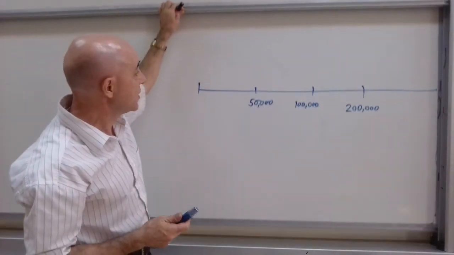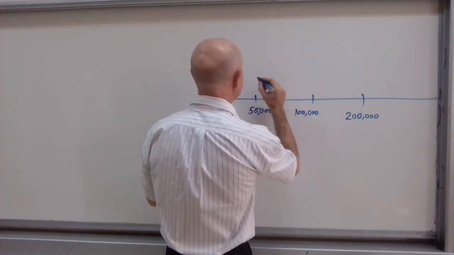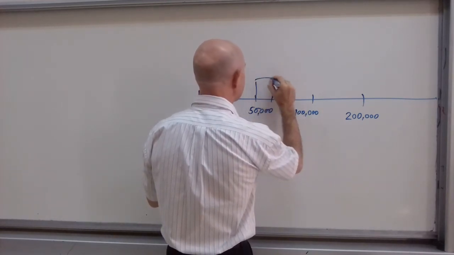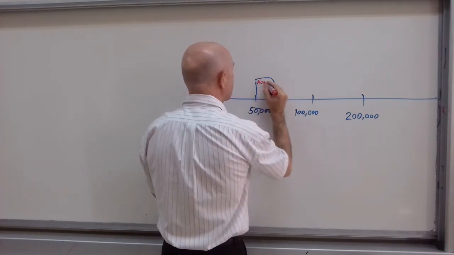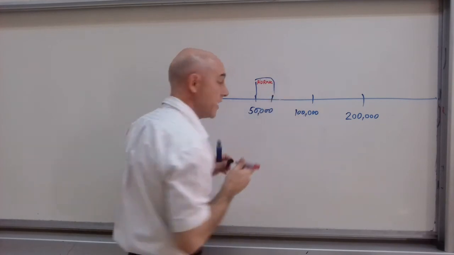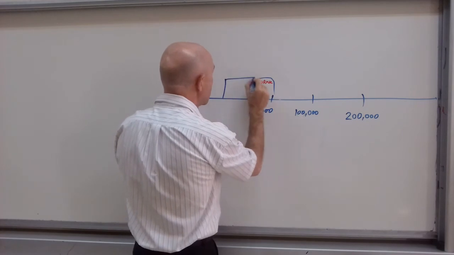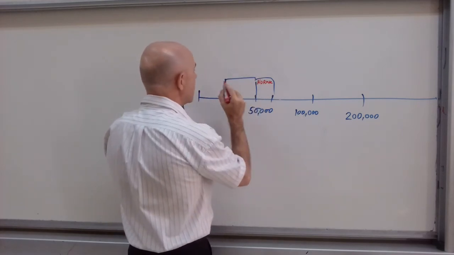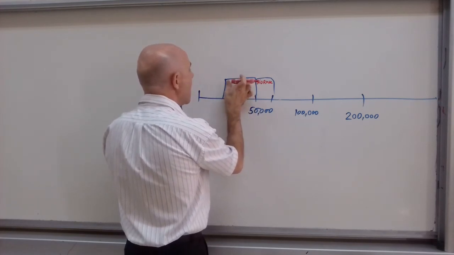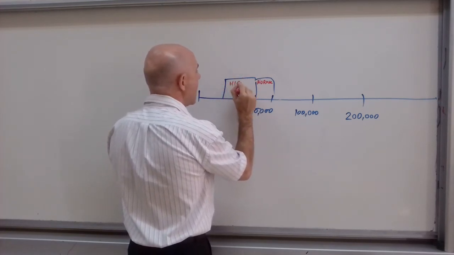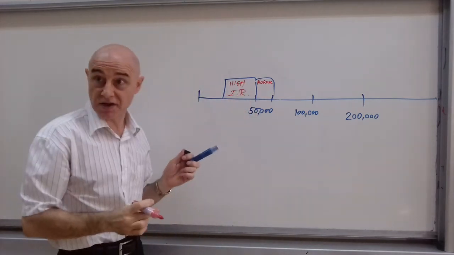Normal range is 50 to 60. This will be here, normal. Here, this range will be associated with high interest rates, okay?